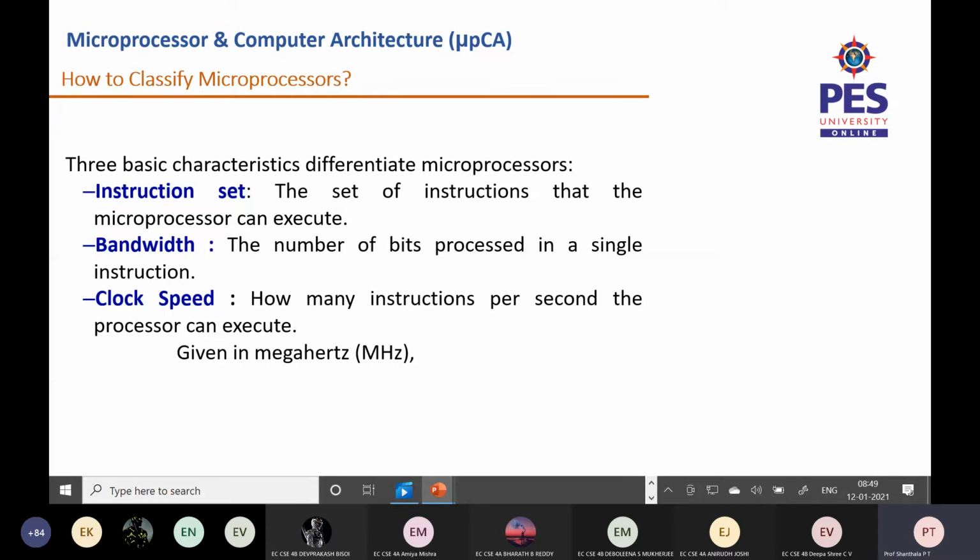The instruction set is a set of instructions used to communicate with other devices, I mean the instructions that the microprocessor can execute. When you write a program in a high level language, it has to be converted to a set of instructions. All high level language has to be converted to machine level language, which has the instruction set. This instruction set is again converted to pure machine level language, which has only 0 and 1.